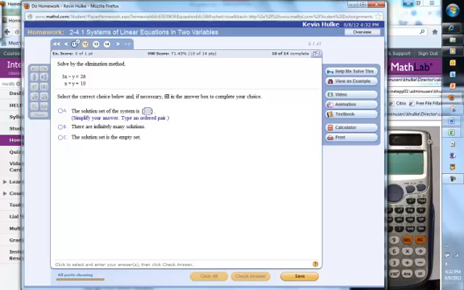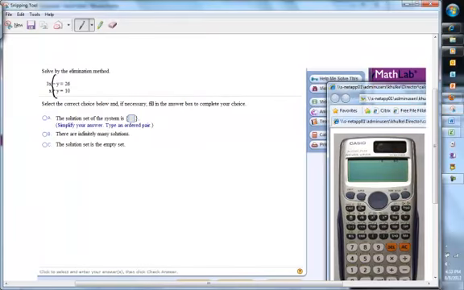Number 11. Solve by elimination. Remember that elimination works if the coefficients are the same and the signs are different. So we have 3x minus y equals 26 and x plus y equals 10.